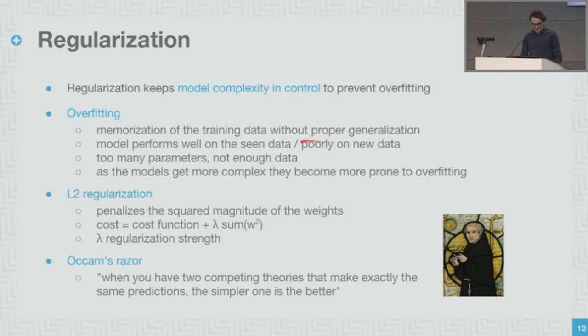It's pretty simple. What it does is it basically adds the squared sum of the weights to our cost function with a regularization strength lambda. Here, larger lambda means we have stronger regularization, and smaller means we're regularizing less.